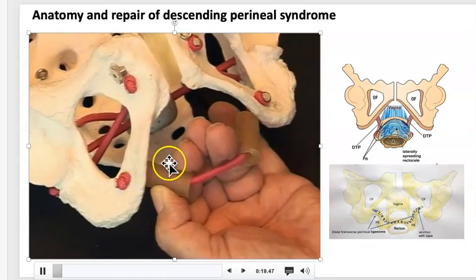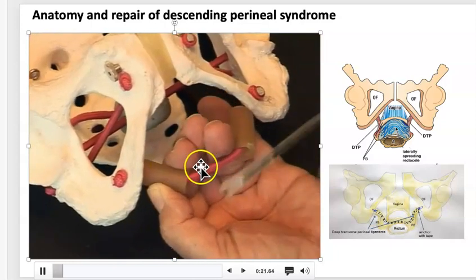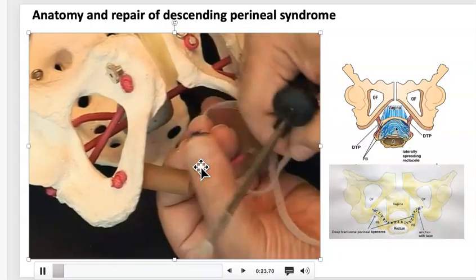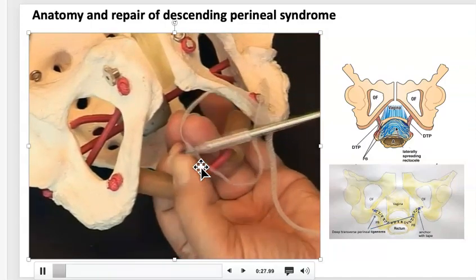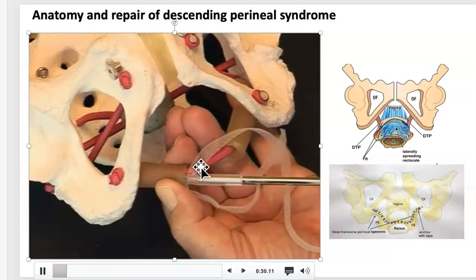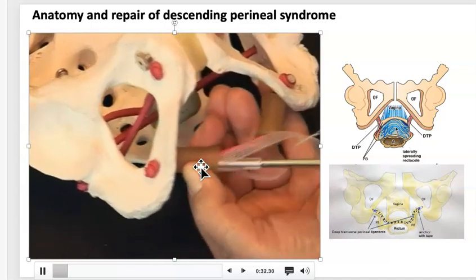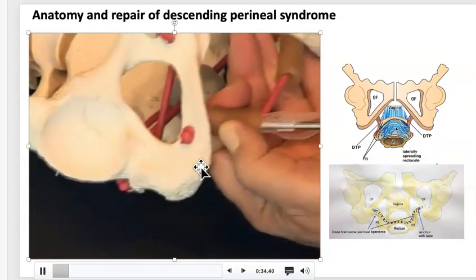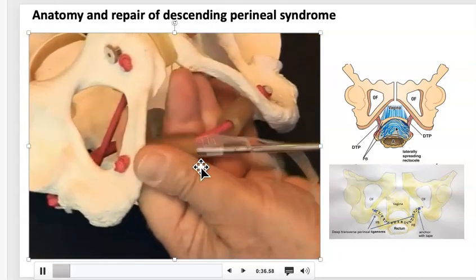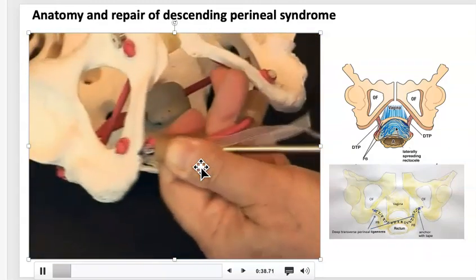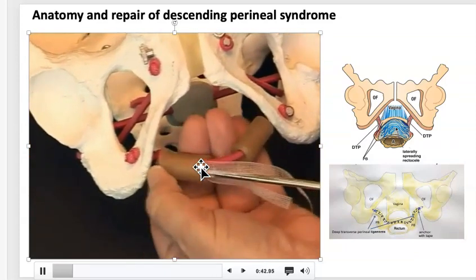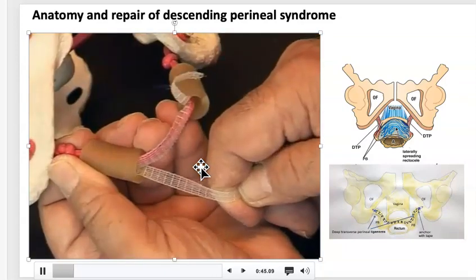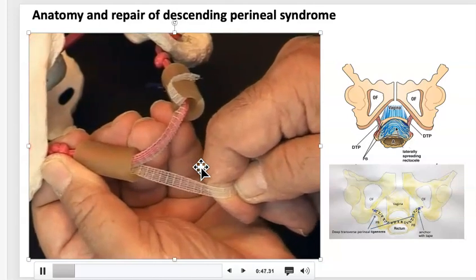We then get the TFS, and we actually penetrate the deep transversus perineal like this. Bring it out there, release it, and so this is what we call a descending perineal syndrome.